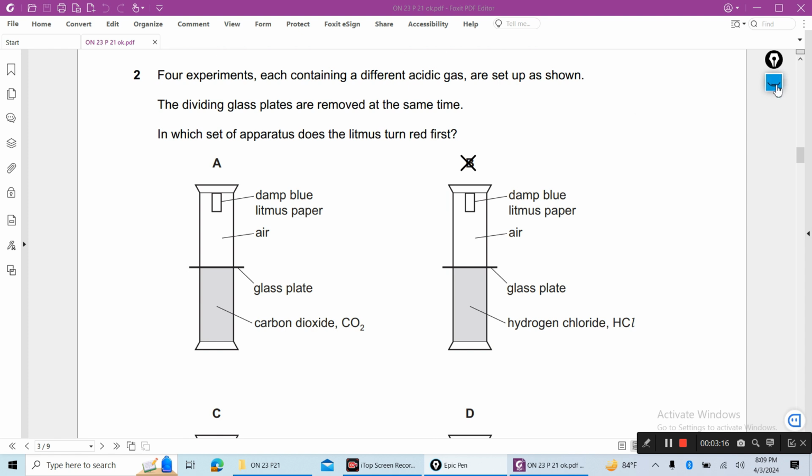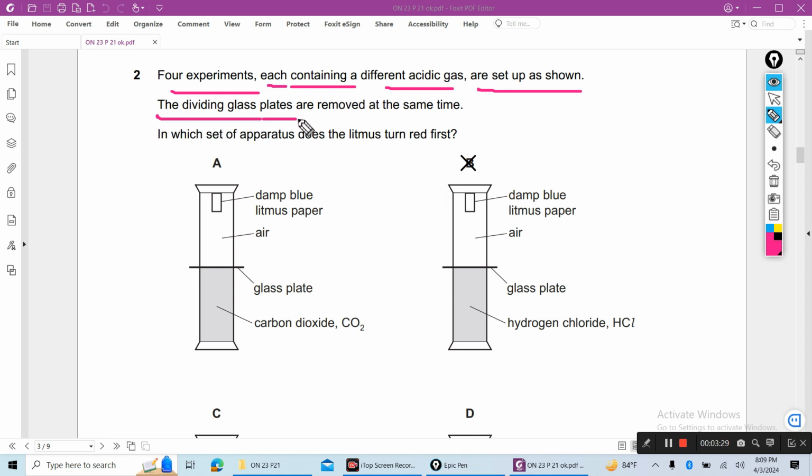Now number 2. Four experiments containing different acidic gases are set up as shown. The dividing glass plates are removed at the same time. This is the glass plate. In which set of apparatus does the litmus paper change first?